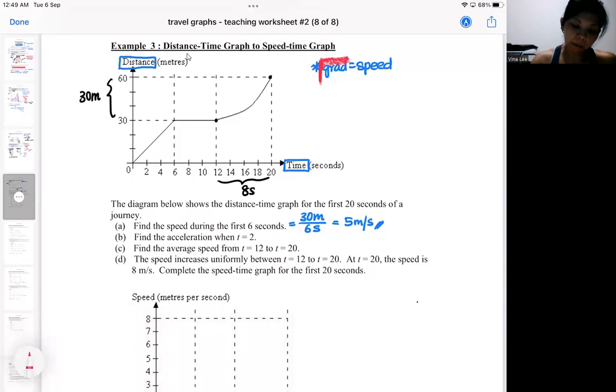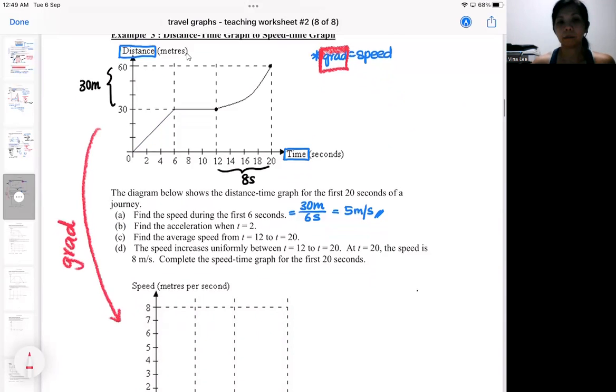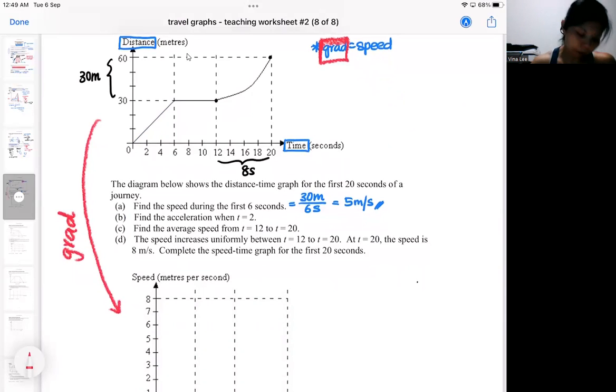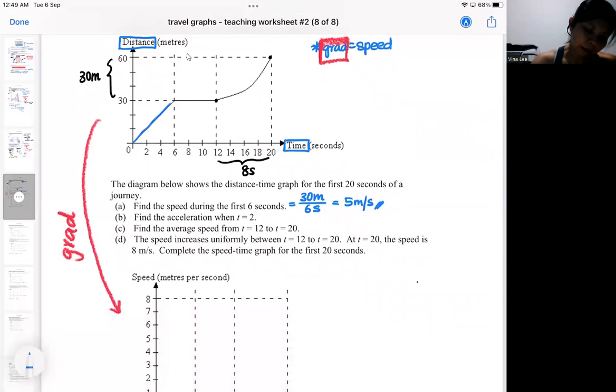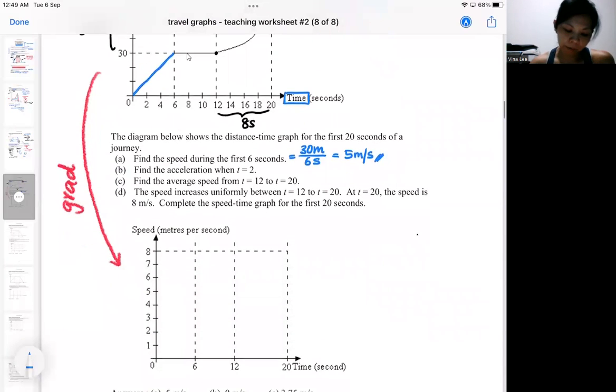because the gradient represents speed. So the conversion will be based on the gradient. For example, just now, this part, we discover that the gradient is 5, which means the speed is consistently at 5. That means for the 6 seconds, the speed is constant at 5.